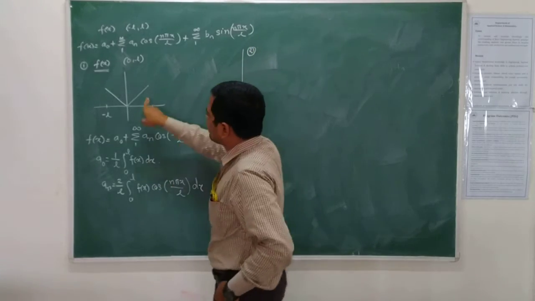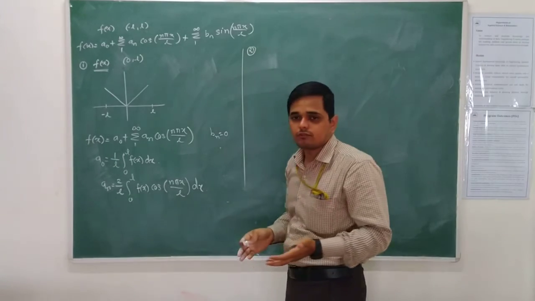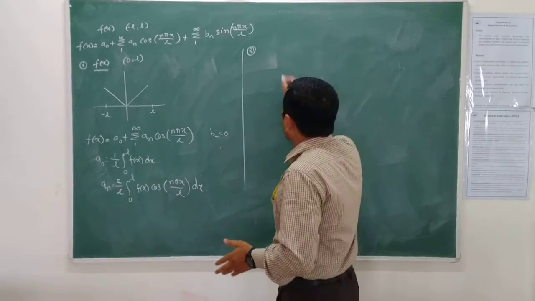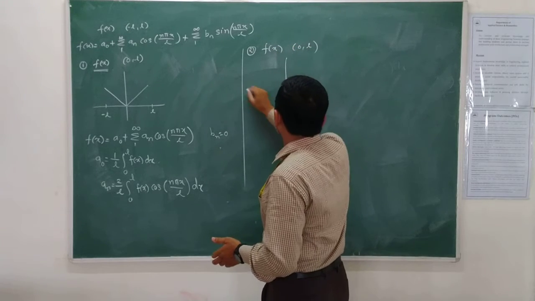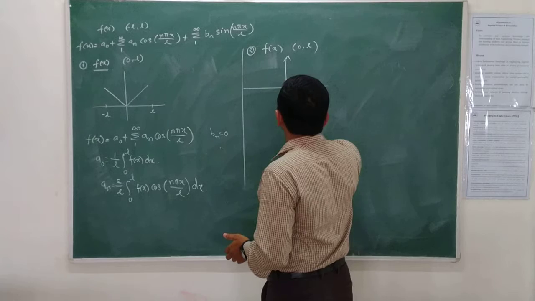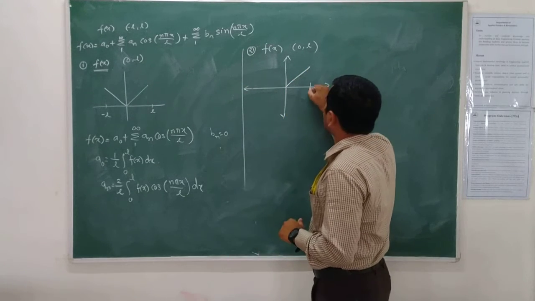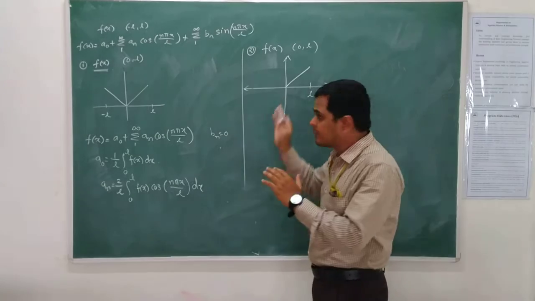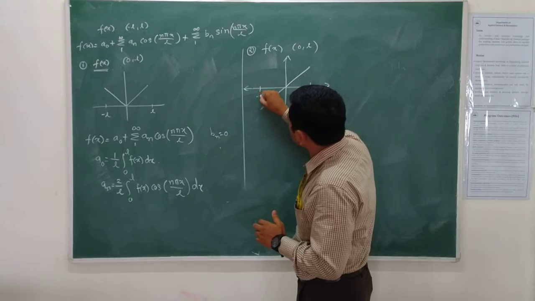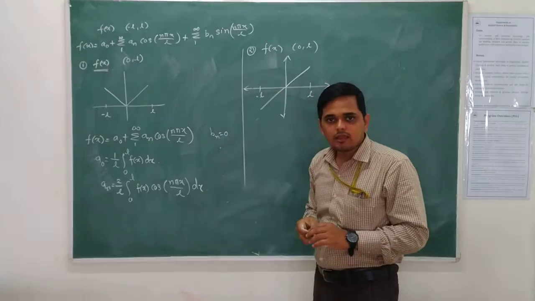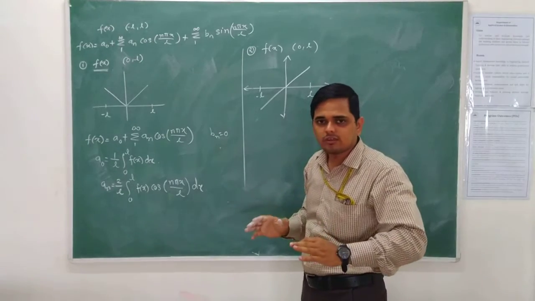Here I have taken a reflection of this curve about the y-axis, that is, the y-axis acts as the axis of symmetry. Now I am going to take the reflection about the origin. So this is my y-axis, this is my x-axis, and suppose this is my curve from 0 to l. Now I am taking its reflection about the origin. So this origin acts as a point of symmetry.